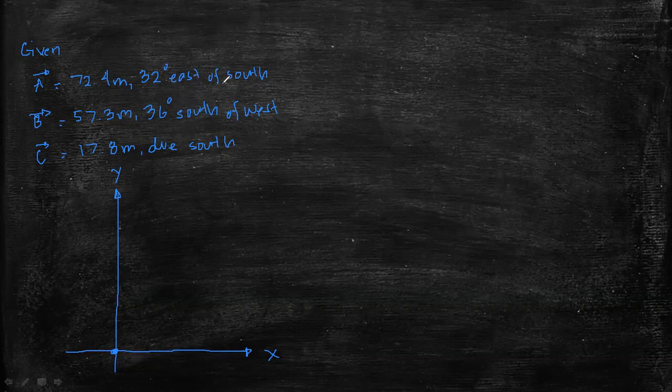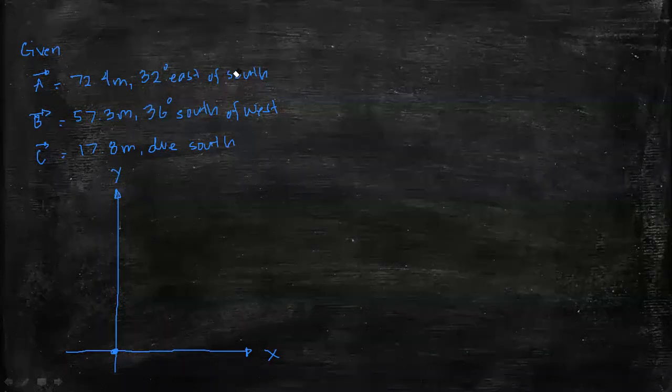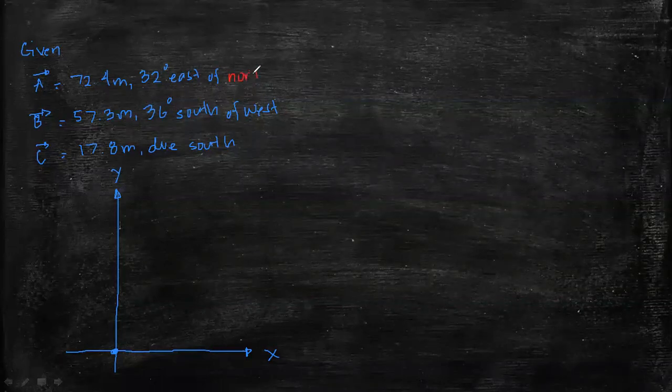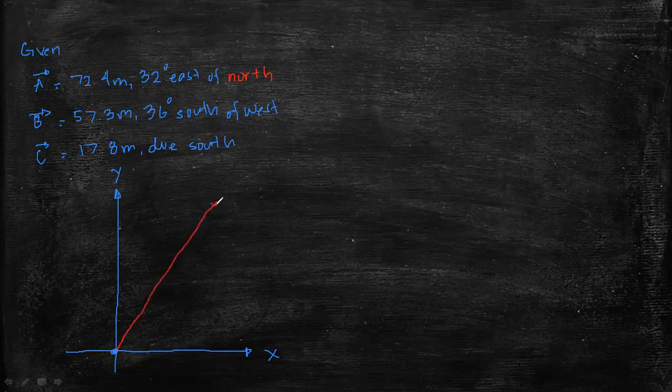Sorry, it is not east of south, rather it is east of north. Okay, so let's proceed. Pardon the drawing, we don't have a ruler. We have 32 degrees east of north. So meaning, from north, or the positive y-axis, we will draw 32 degrees to the east.